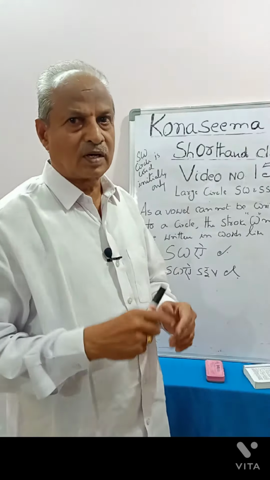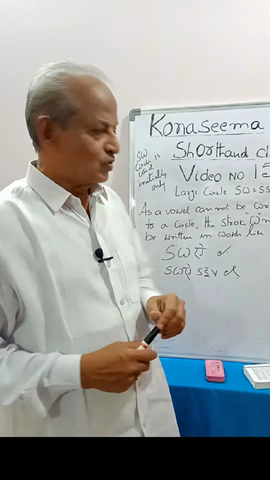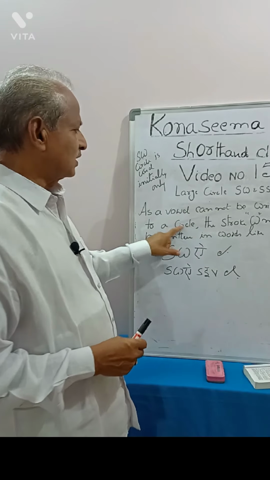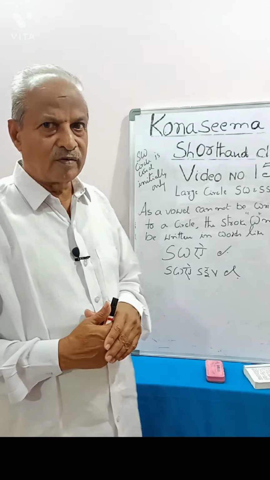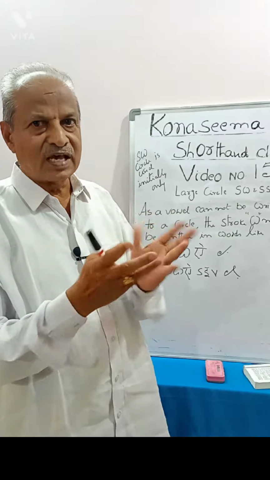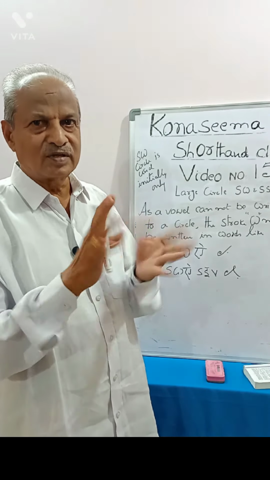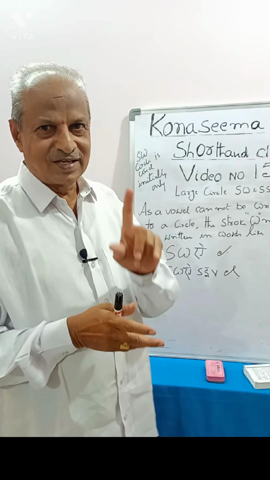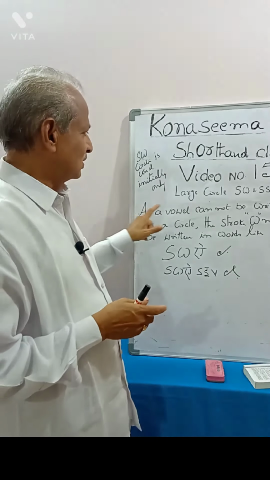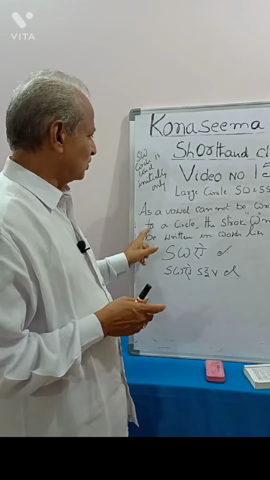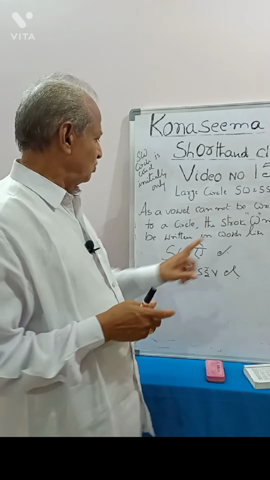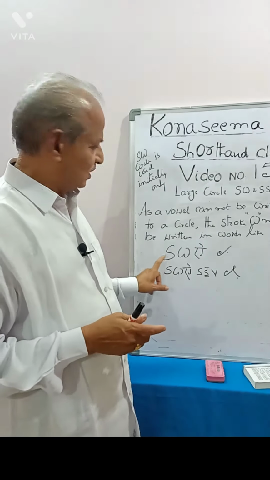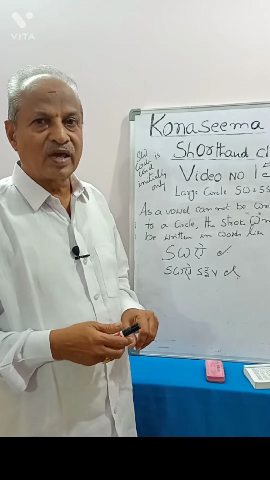sweet. In this para 49, it is also mentioned that as a vowel cannot be written to a circle, can we write a vowel to the circle? Circle has no places, first, second, third places are not there, and hence we can't place vowel signs to the circle. Since a vowel cannot be written to a circle, the stroke W must be written in words like sway, SWAY, sway.